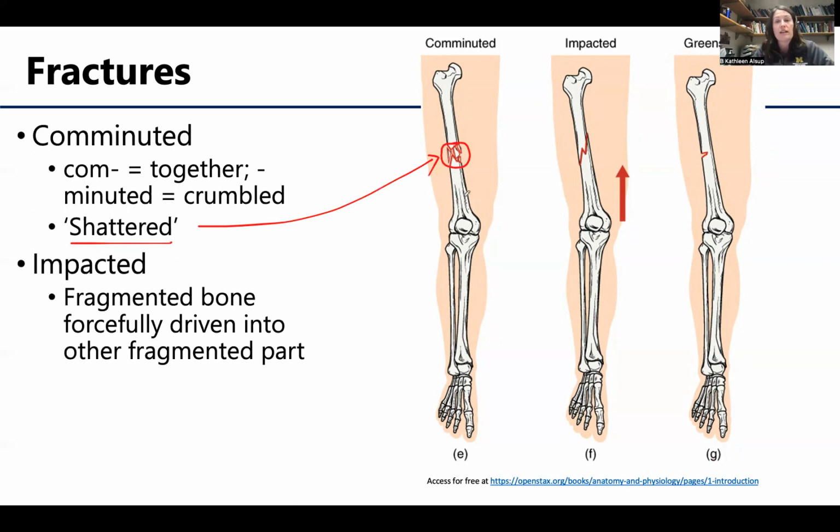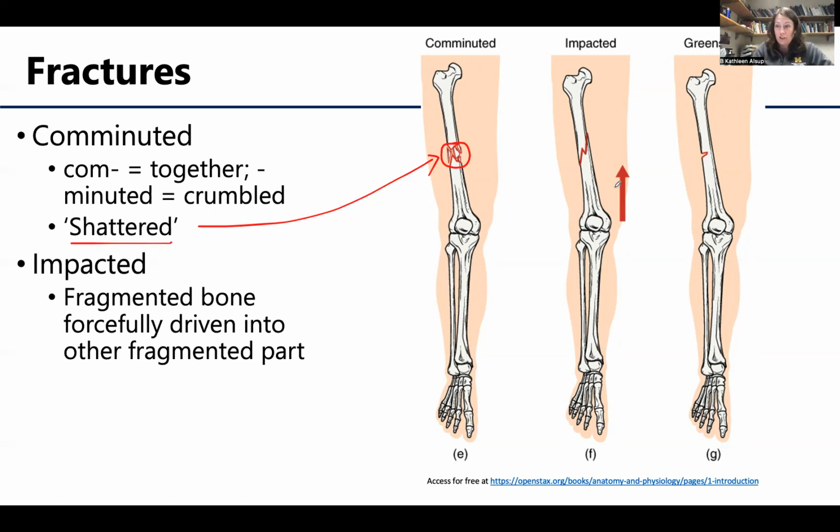So you could have fairly clean breaks on one end, but this middle portion is many different pieces of bone. A comminuted fracture is typically much slower to heal, and that makes sense. If you think about trying to get those shattered pieces in alignment to allow for that fracture repair to occur, that's a lot more difficult than what you would have in, say, a cleaner break.